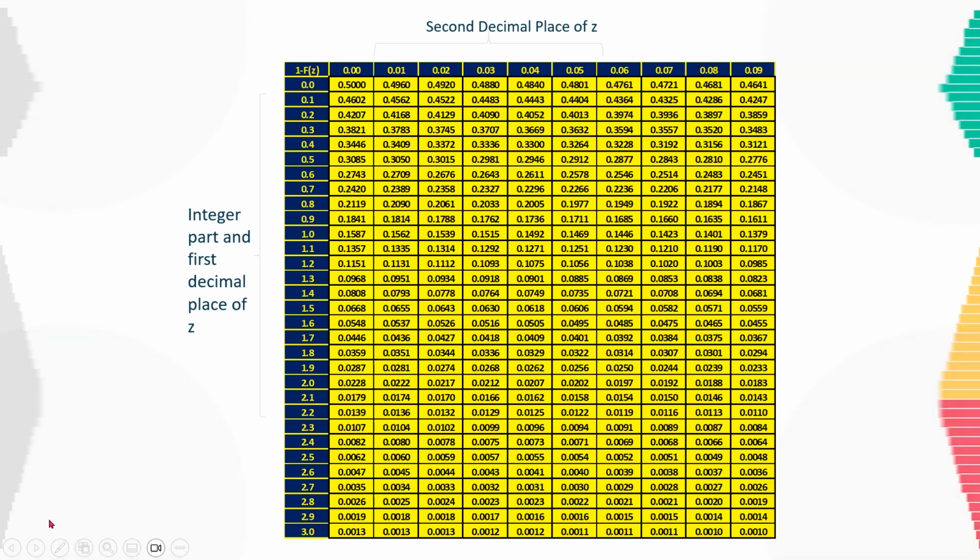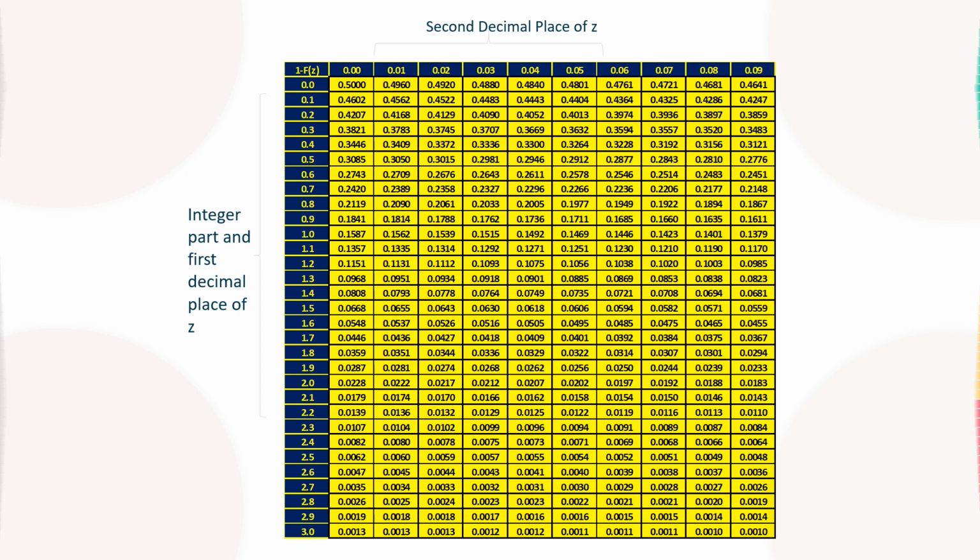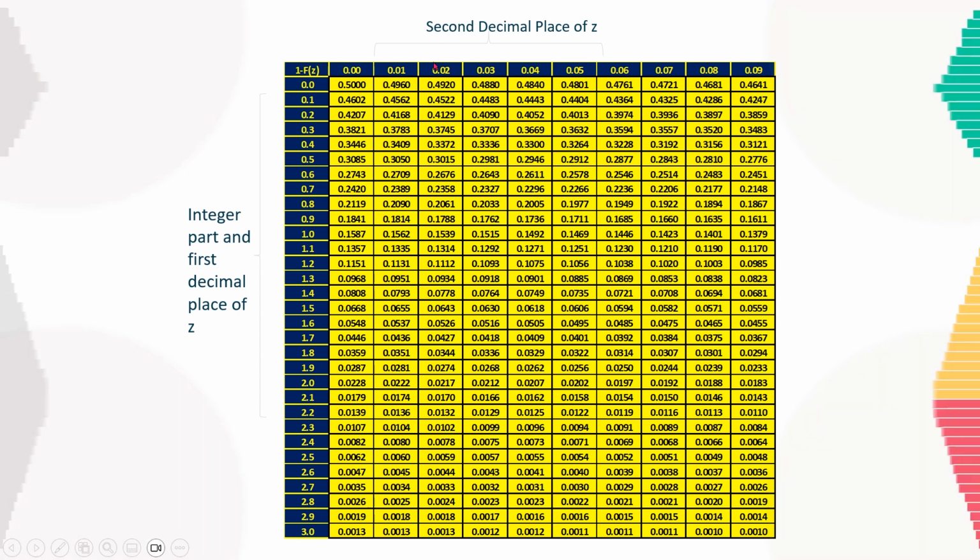So this is the Z-score table. From this you can take the values of the Z-score. These are the second decimal.